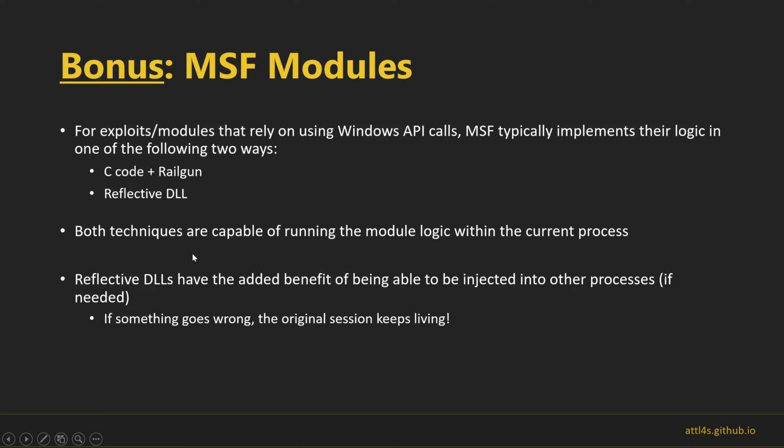If the exploit or the module is not very complex, it will typically use C code and Railgun, which is a component within Meterpreter that allows the execution of WinAPI functions dynamically.